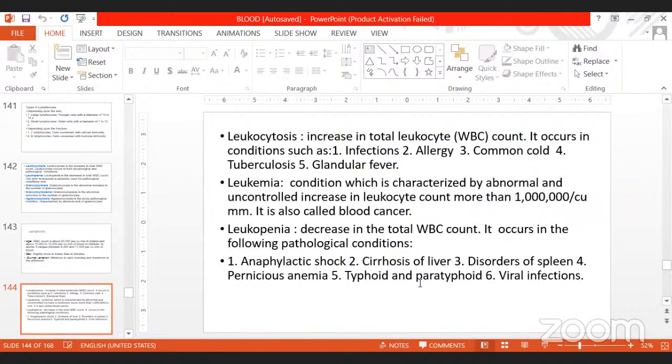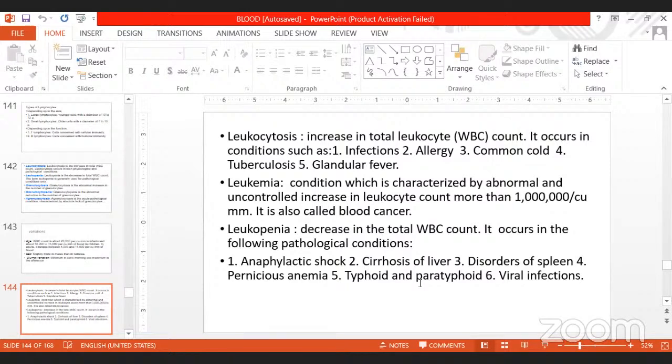Leukemia is an abnormal and uncontrolled leukocyte count, more than 1 lakh cells per cubic millimeter of blood, and it is also known as blood cancer.